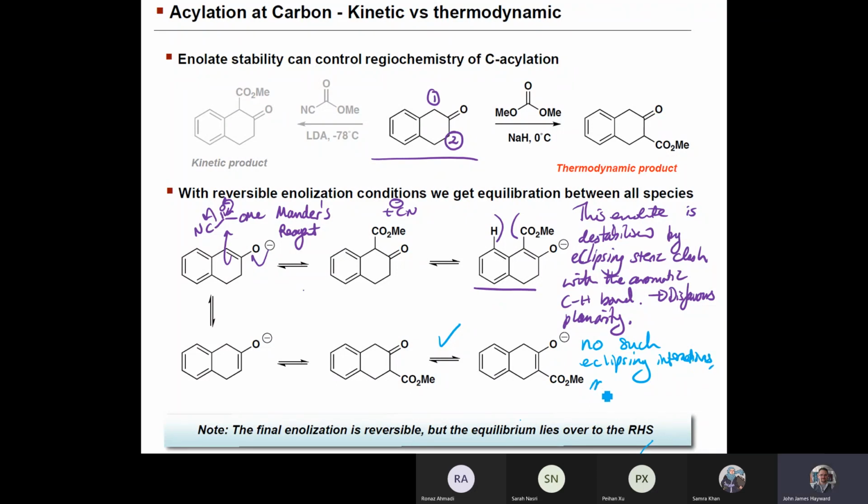And this is therefore a more stable enolate. So again, remember the final enolization is reversible, but it lies over to the right hand side because again, our pKa's say so.